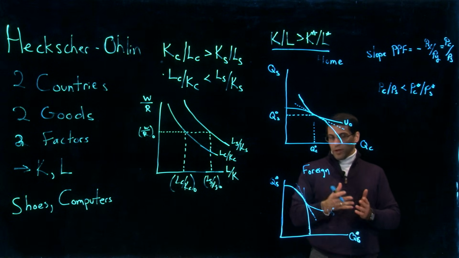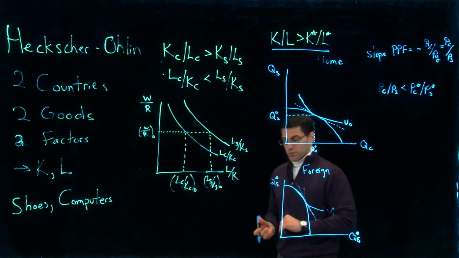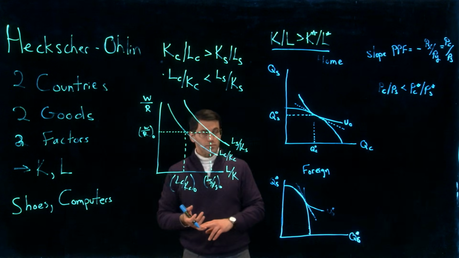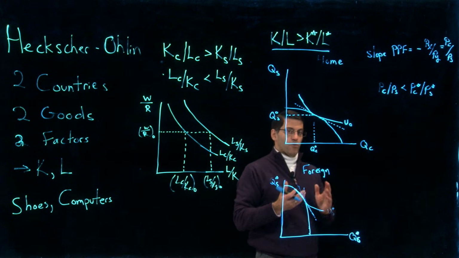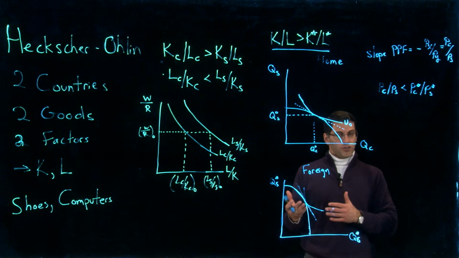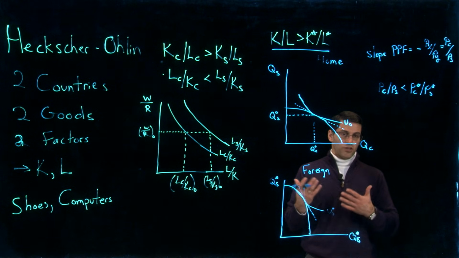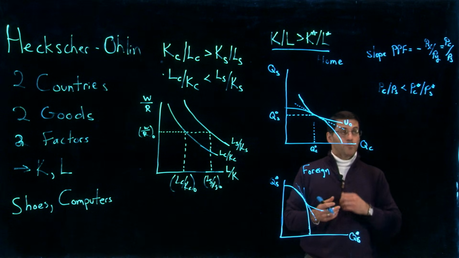Okay? And why is that important? Well, think back to both of our previous models, specific factors and Ricardian. The country that has the lower relative price for a good has the comparative advantage in that good, because the relative price is also giving you the opportunity cost of producing that good.